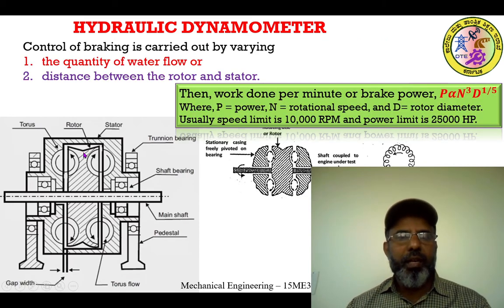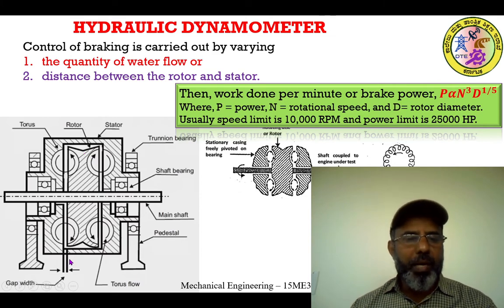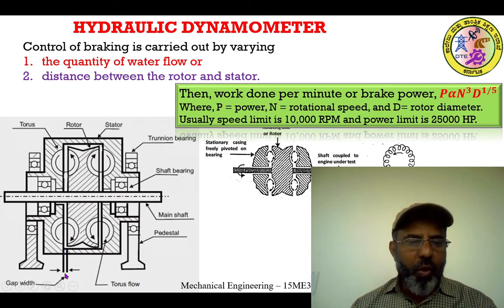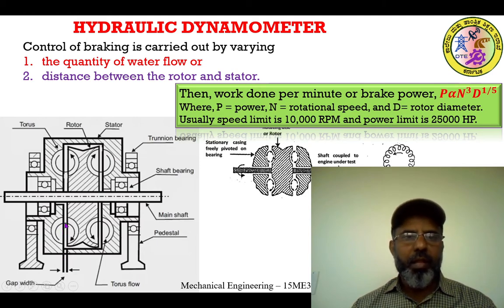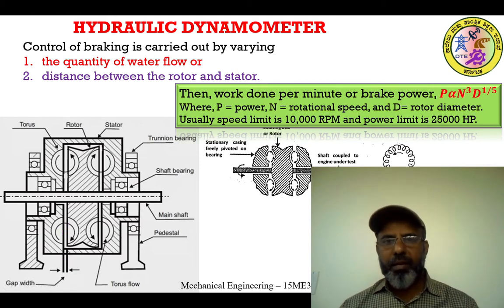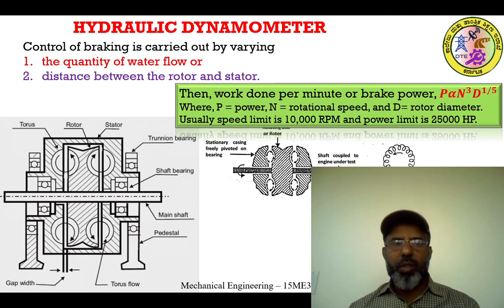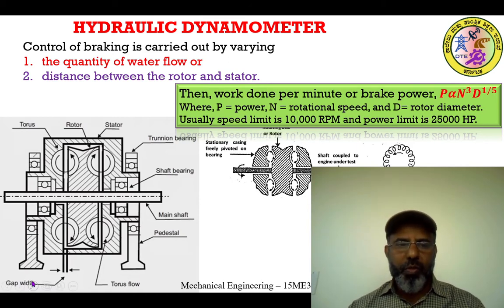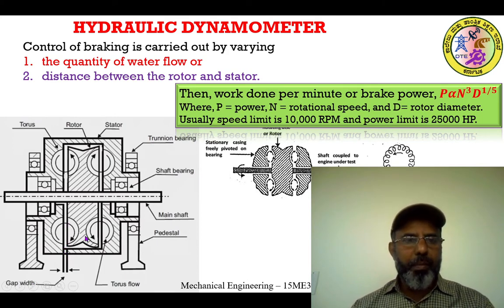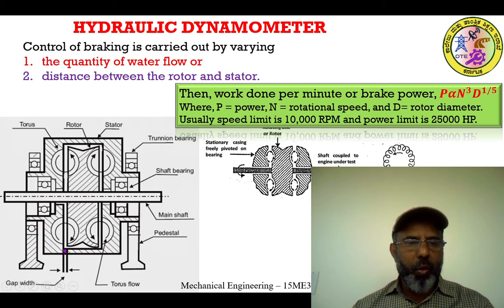And the amount of torque can be controlled by varying the quantity of water flow into the chamber. For power measurement, we can control the braking by means of two things. One is the quantity of water flow, or by varying the distance between the rotor and the stator.